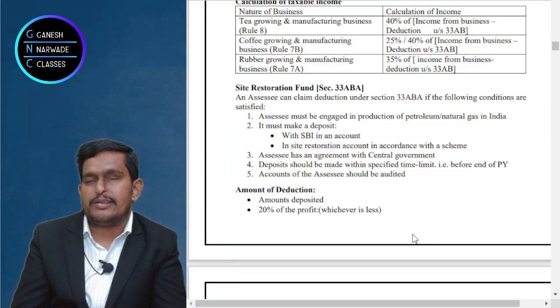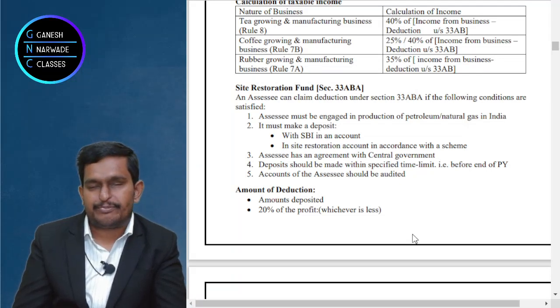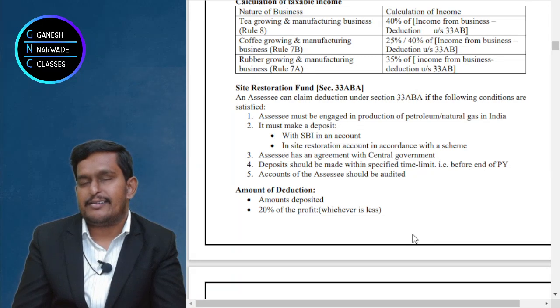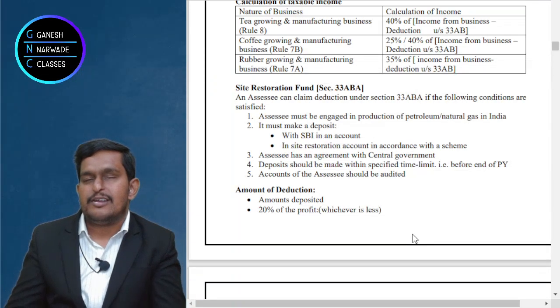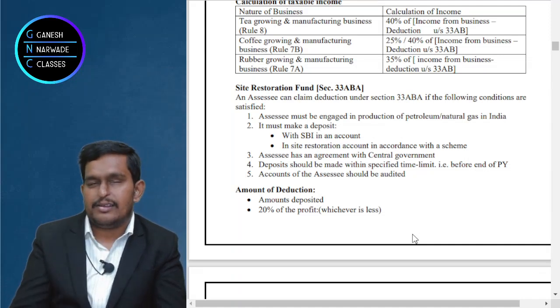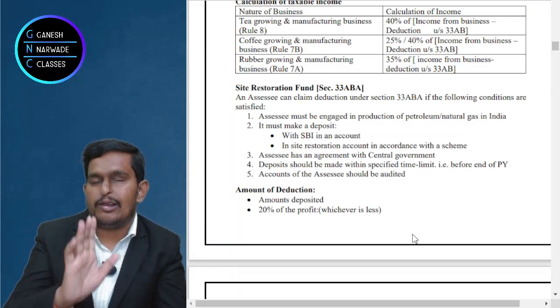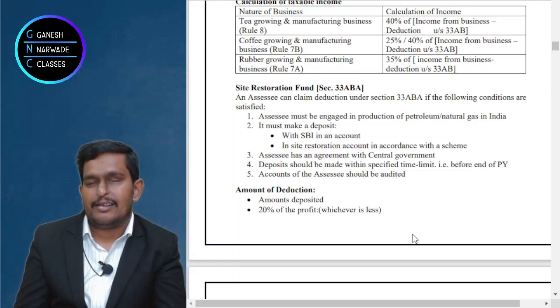And if you deposit the money till the end of previous year, you will get deduction. How much deduction? Simple. Amount deposited or 20% of profit, whichever is lower. This amount you will get as deduction, and 33ABA section is over from my discussion perspective.